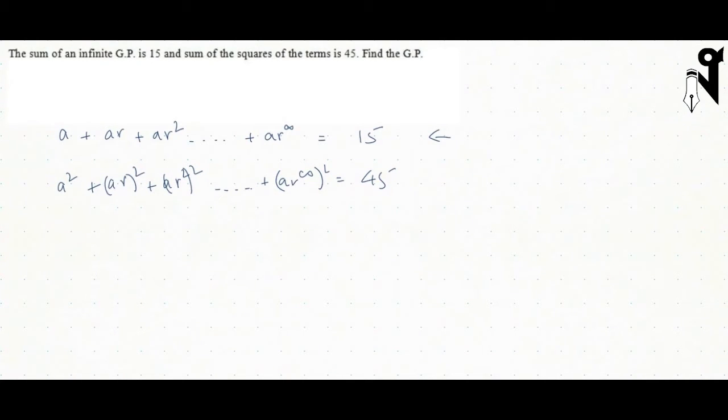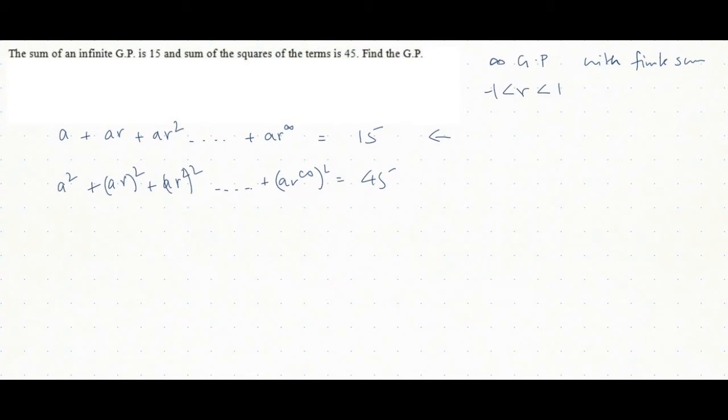First of all, you need to understand that if it is an infinite GP with a finite sum, as I said before, this means that r is between minus 1 and 1. This is from what I just explained.